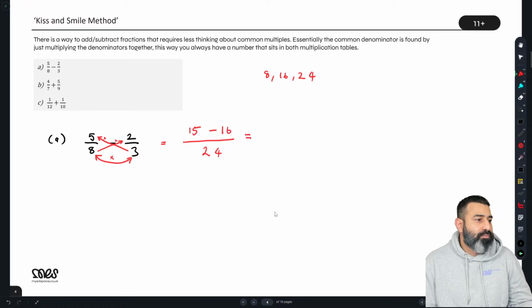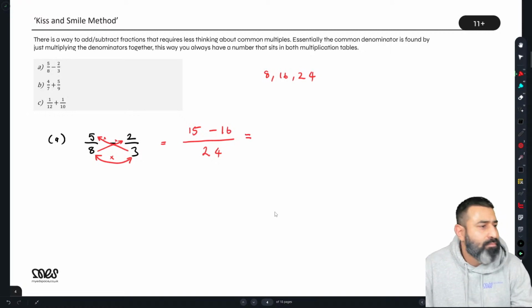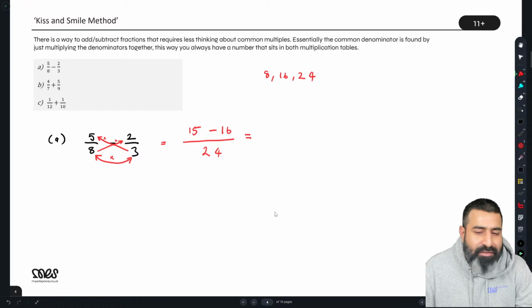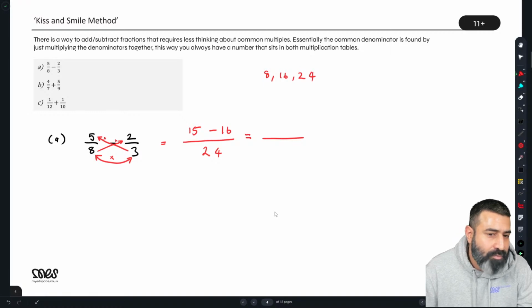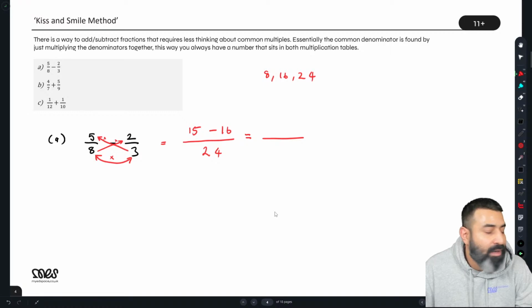So what do we get? Okay, fire away in the chat. What do we get? So what is my denominator going to be? I'll show you what it stands for in just a second, okay? Right. Is it going to be 1 over 24? Check.